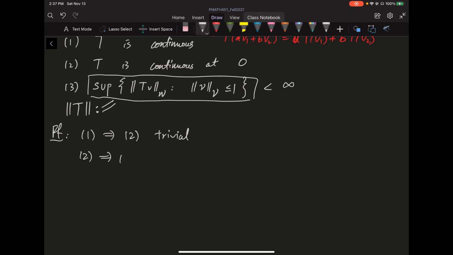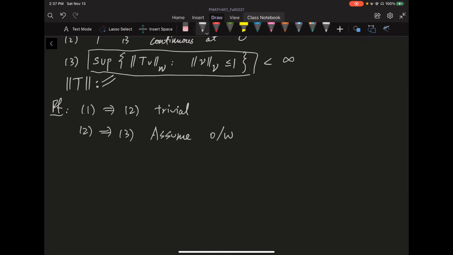For 2 implies 3, let's assume otherwise. So if the supremum is not finite, think about what you can do. Essentially you can find a sequence, let's say v_n, where the V norms of v_n are bounded above by 1. On the other hand, the norms of T of v_n will be unbounded, so they will diverge to infinity.